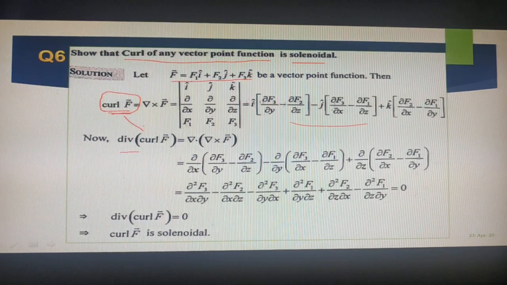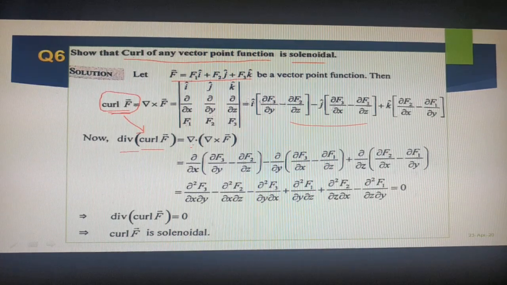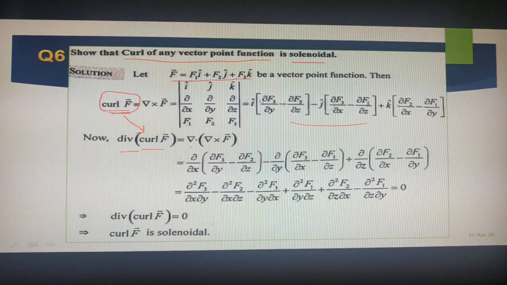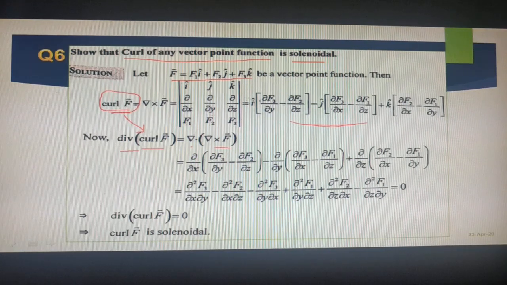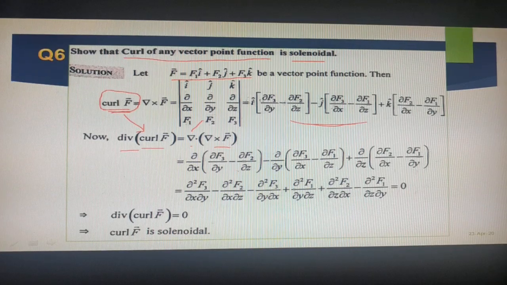So for the divergence, we have already f bar as curl f bar. So del dot. Divergence is del dot f bar. So here our f bar is del cross f bar, which we already found. When I take this del operator again on this del cross f bar, what am I going to see here?